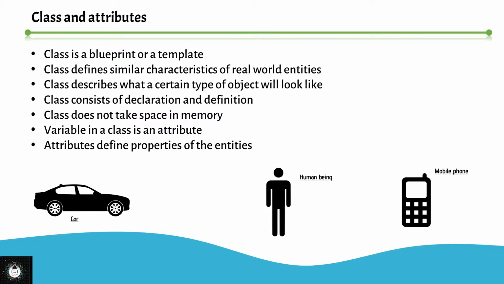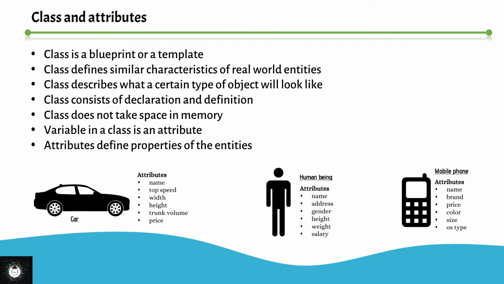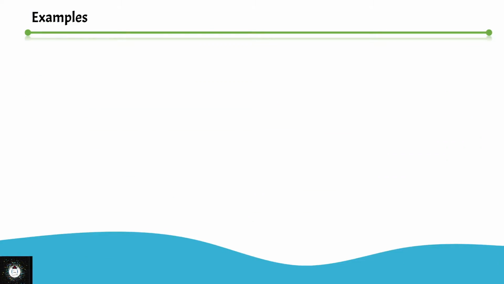It consists of declarations and definitions, whereas the attributes, we can see them as variables that hold some kind of properties. For example, the car: you can see the attributes name, top speed, width, height, trunk volume, price. So these are the attributes of the class.